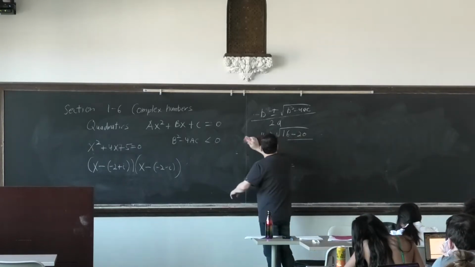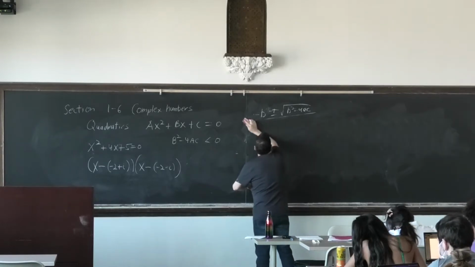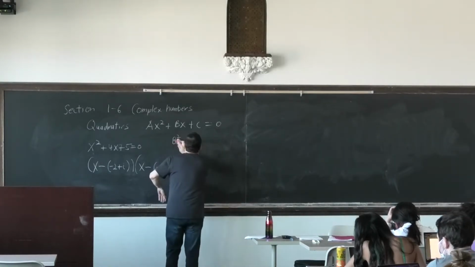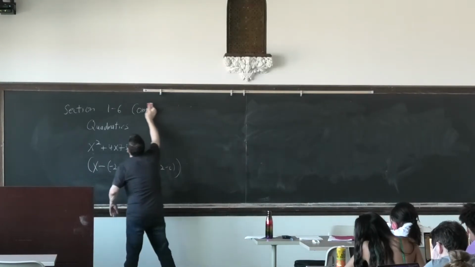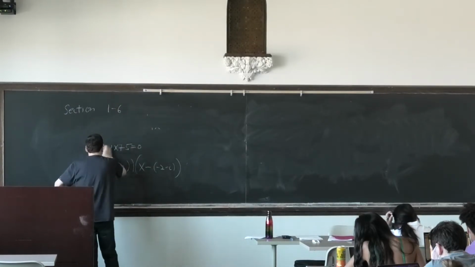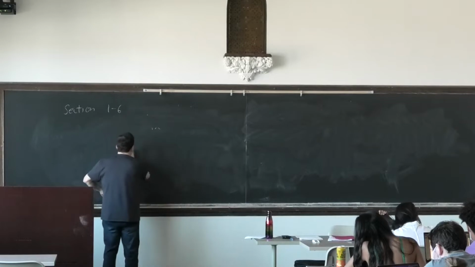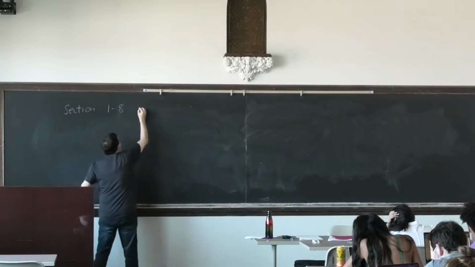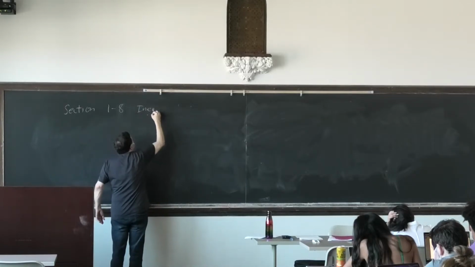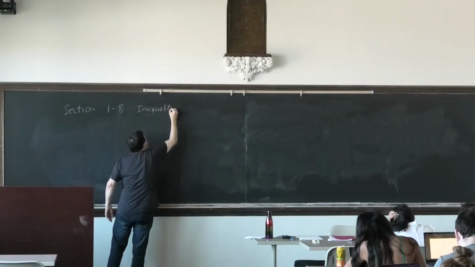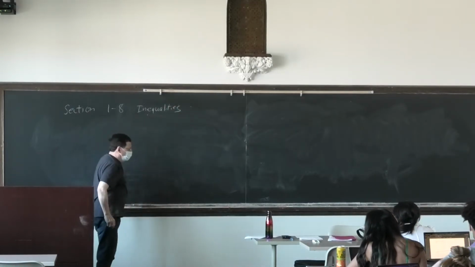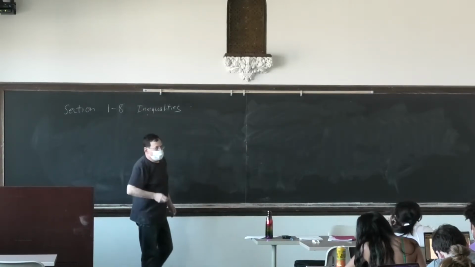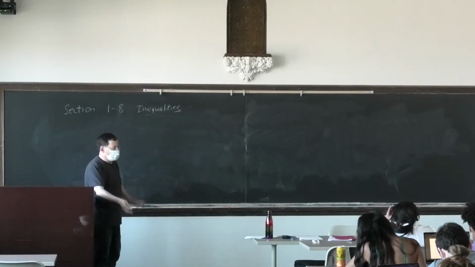Now, the next section, well, I should write down what we're going to do next. The next section we're going to look at is 1.8, inequalities. And I know from my own experience that certain parts of this are real easy, which everyone just like, of course, that's obvious.